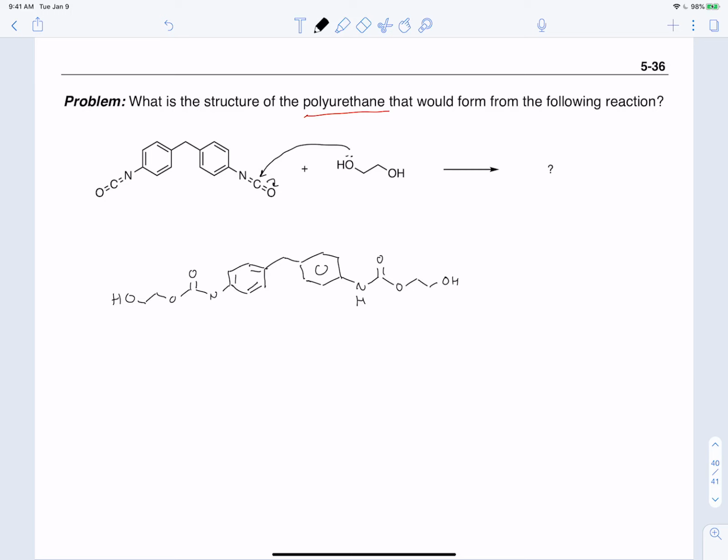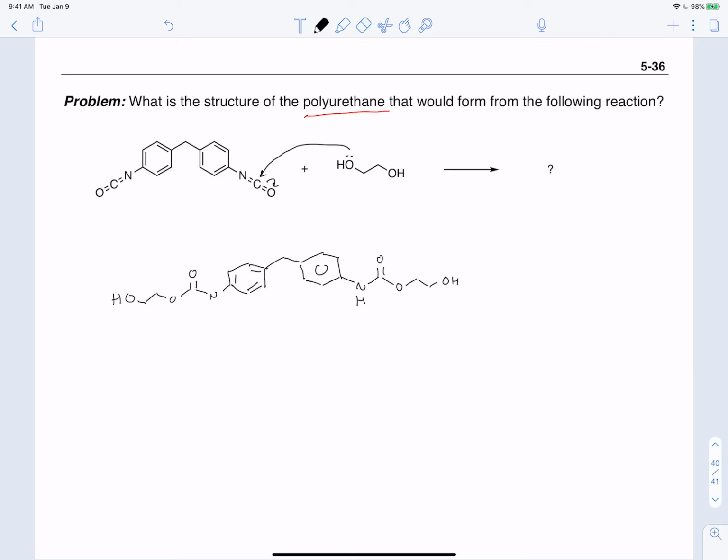So right now, the molecule that's drawn has too many atoms because we have two ethylene glycol molecules. So all we need to do is essentially choose the brackets where we want to put them so that we end up with a repeating structure that is correct.